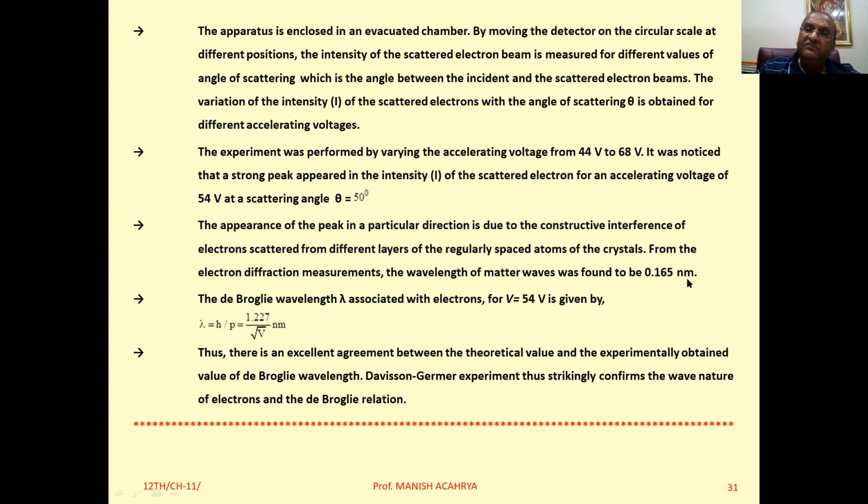And now if we substitute the value of the voltage, 54 volt, in the equation of the de Broglie wavelength, lambda equal to h by p, which later on we derived as 1.227 upon root V nanometer, so in this equation, if we substitute V equal to 54, then your answer will be very close to this 0.165 nanometer.